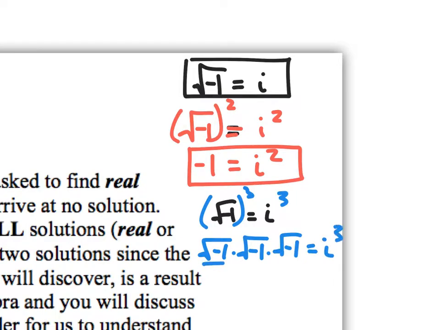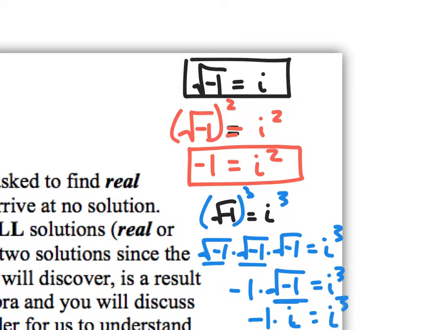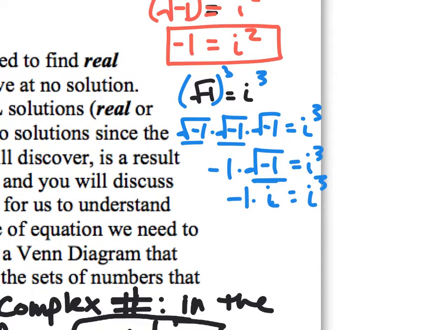Well, the square root of negative 1 times the square root of negative 1 is just going to give me negative 1, times the square root of negative 1, and that's going to equal i cubed. I also know that the square root of negative 1 is equal to i, so I get negative 1 times i, which equals i cubed. So i cubed then is going to equal negative i.